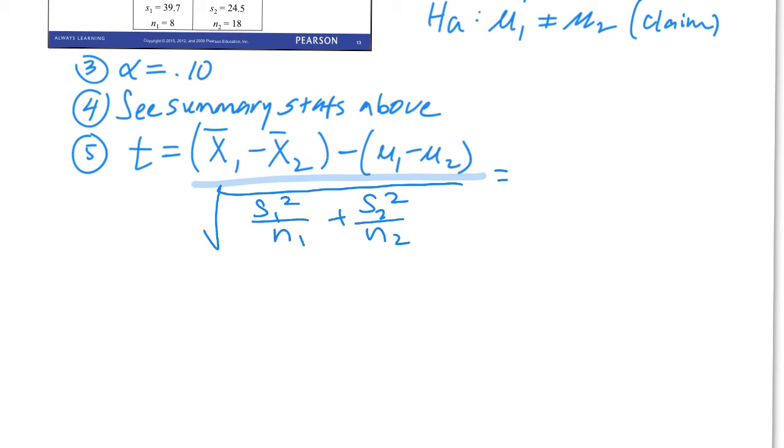So the X bar 1 minus X bar 2 comes out of the chart of summary stats, 473 minus 459. Okay, now notice the null hypothesis is that mu 1 equals mu 2. So that means we're hypothesizing no difference between the means. So this is going to usually be 0.